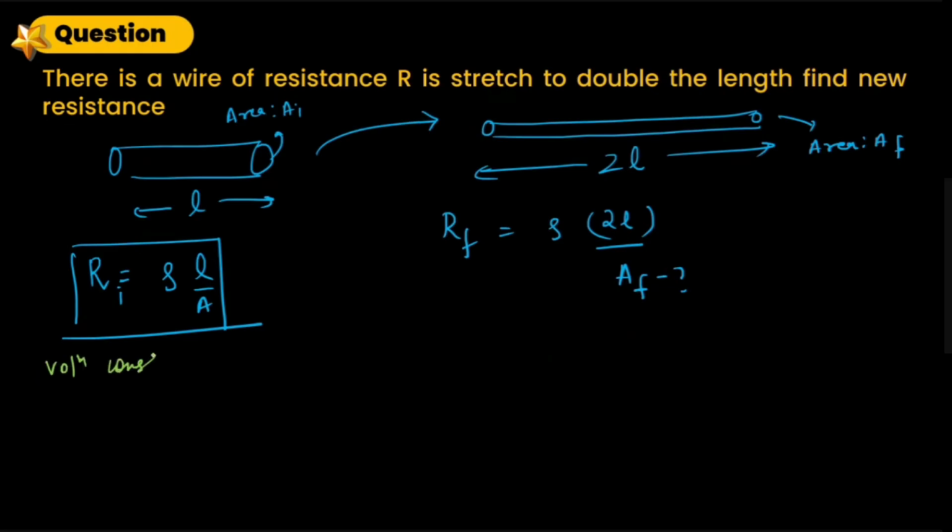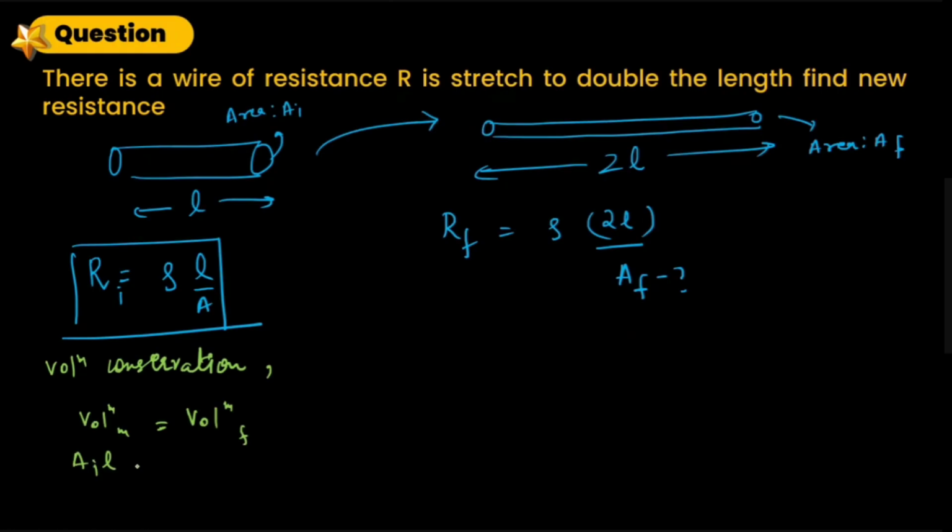Whenever we are stretching or changing the shape of something, volume conservation must hold. The volume must not change, only the dimensions have changed. So initial volume in terms of length and area must be equal to the final volume in terms of length and area.